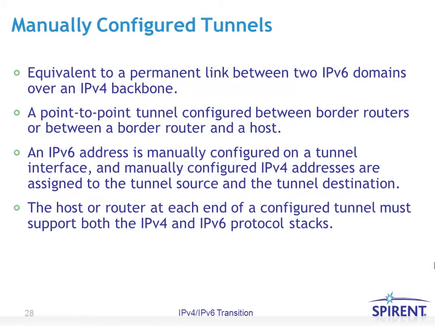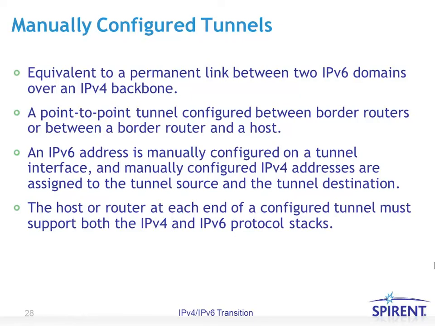Manually configured tunnels are the equivalent to a permanent link between two IPv6 domains over an IPv4 backbone. Manually configured tunnels are inherently point-to-point between border routers or even between a border router and a host.